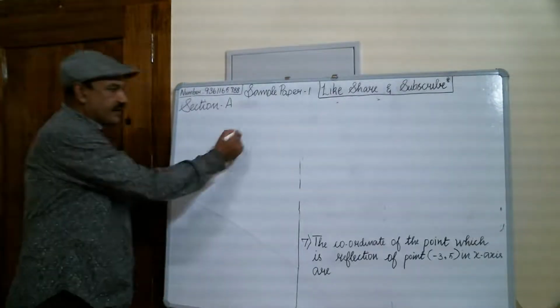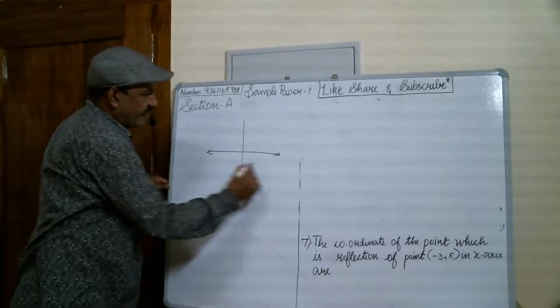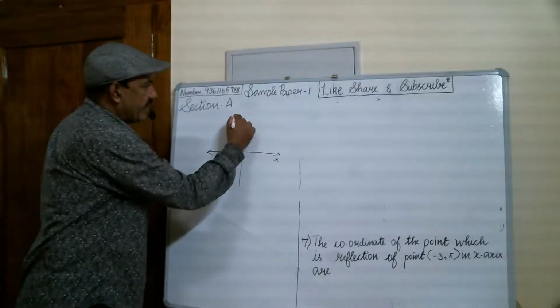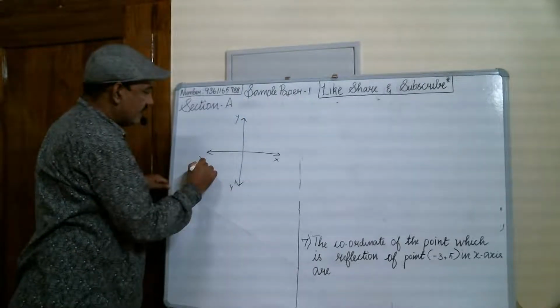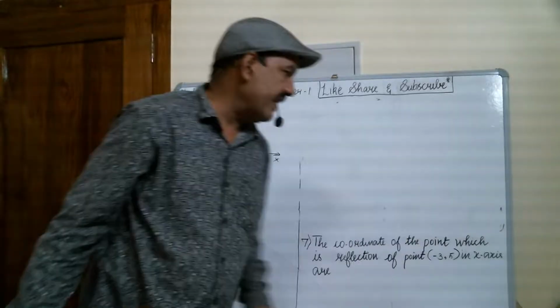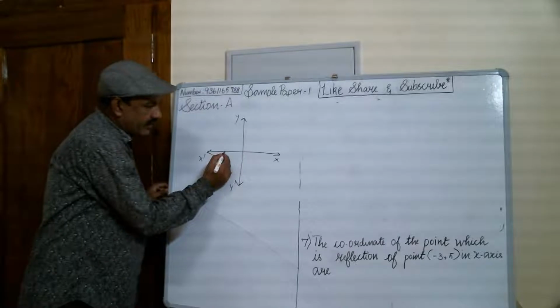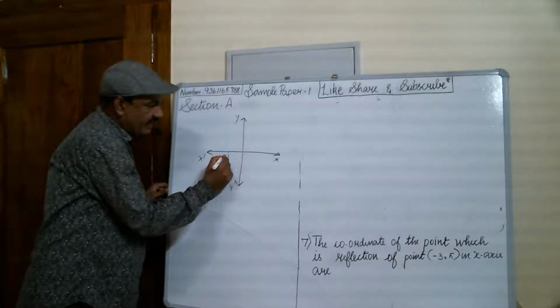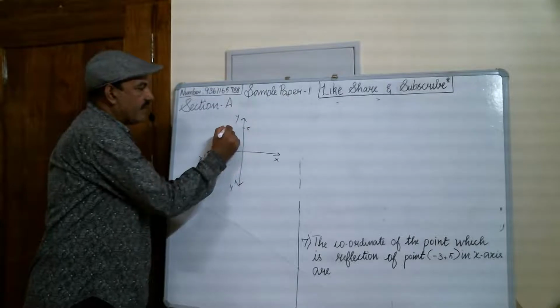Let us imagine the coordinate system: this is the x-axis, this is your y-axis, and the negative y-axis and negative x-axis. Here x is negative and y is positive, which means it lies in the second quadrant. So let us imagine this is your minus 3 and this is your positive 5. So minus 3 comma 5 lies somewhere here.